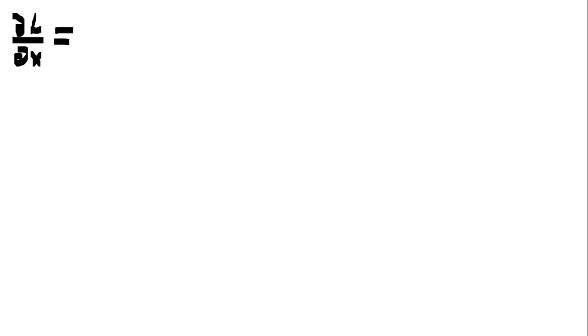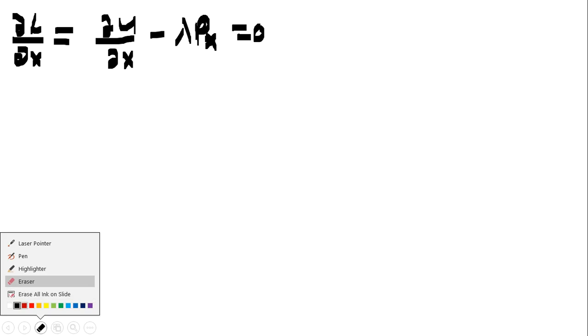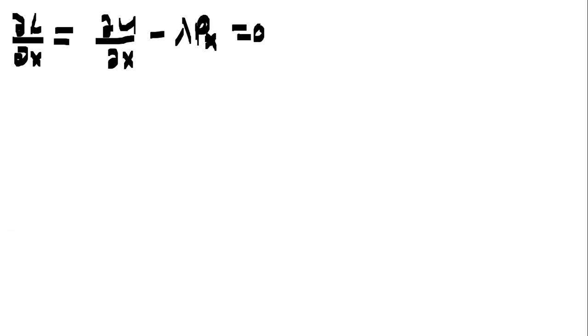We partially differentiate the utility function with respect to x, then minus lambda price of good x, and we equated this to 0. Let's start with this one first, going step by step. So what C is saying is, can we simplify this equation? From this equation, can we make lambda the subject of the formula?